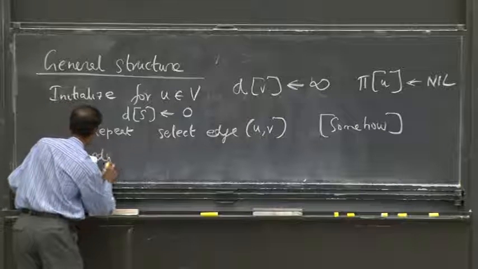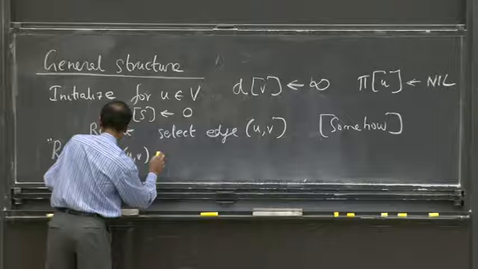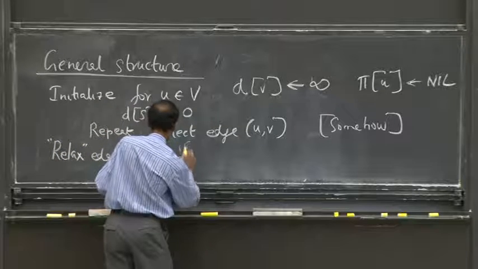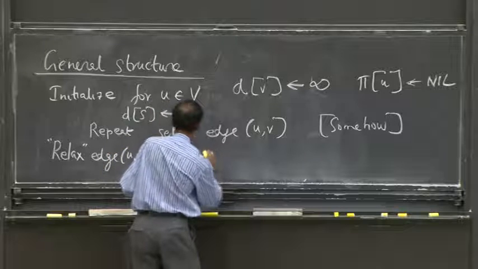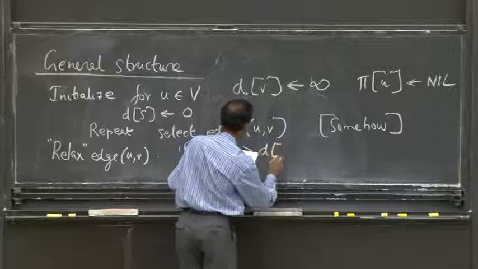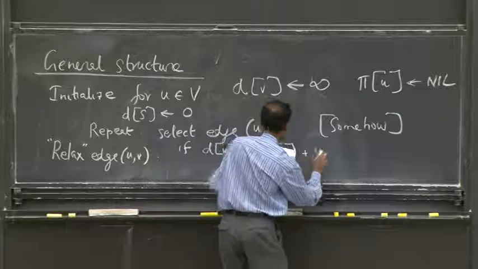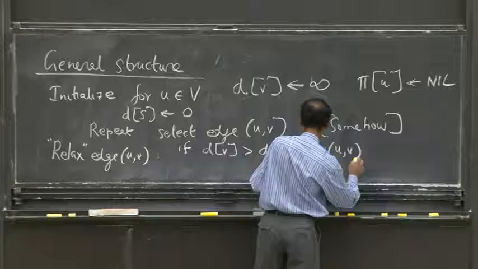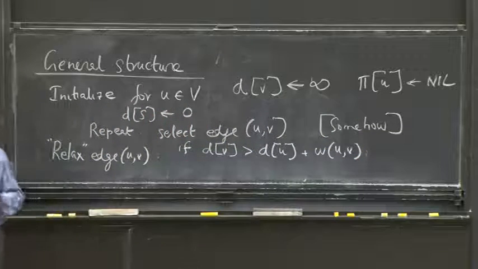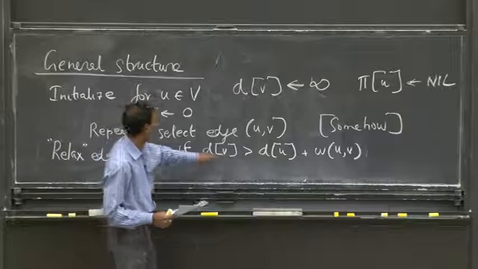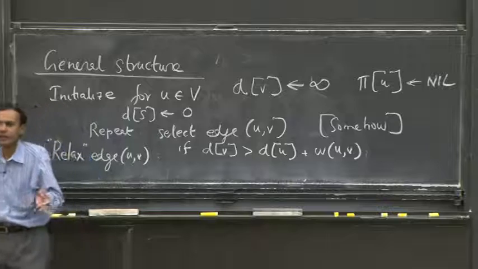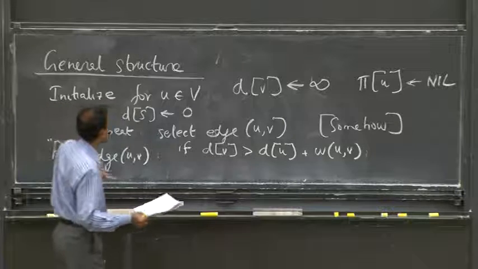And the notion of relaxation is that you look at it and you say, well, if d of v is greater than d of u plus w uv, then I've discovered a better way of getting to v than I currently know. So d of v could currently be infinity, which means I haven't found a way of getting to v yet.